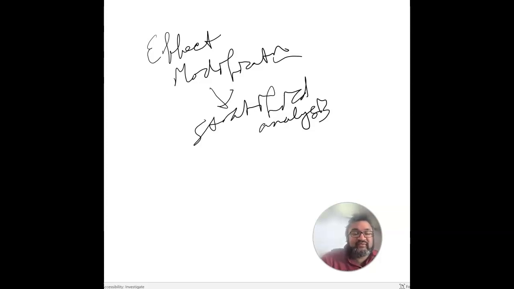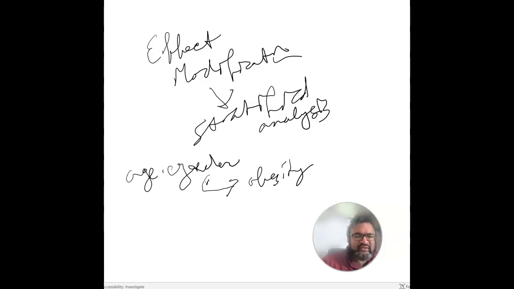For instance, say gender is related to, let's say, obesity. What do you want to do here? Let's say there are additional variables. So you have age and gender, and that is connected to obesity. Now we want to find the modification. Say we want to find the modification that gender does on the relationship between age and obesity.